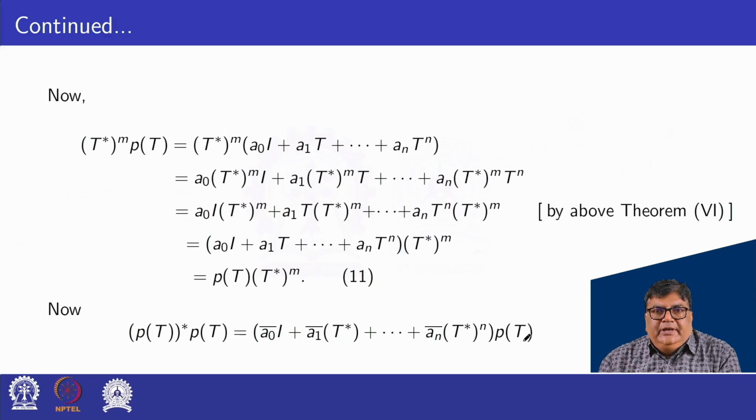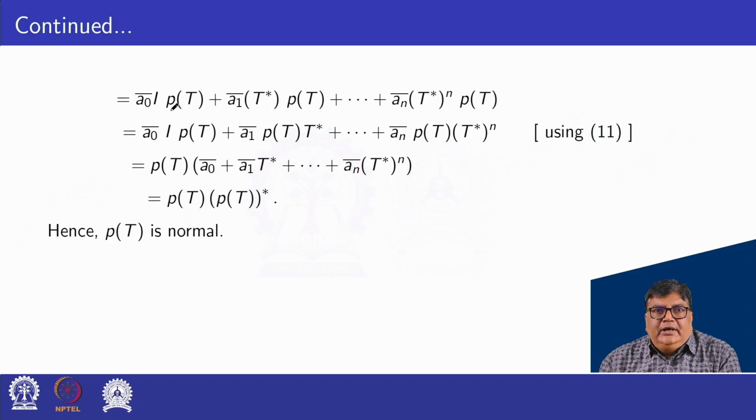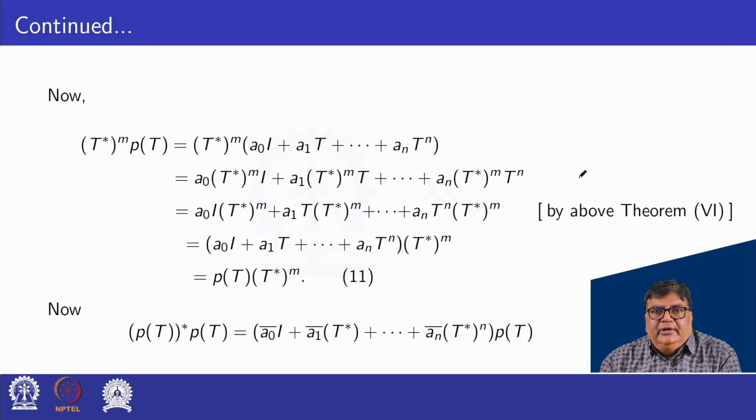So multiplying this and this, this can be written as a0 bar I P(T) plus a1 bar T star P(T) plus and so on an bar nth power of T star into P(T). So we have a0 bar I P(T) plus a1 bar P(T) T star plus and so on an bar P(T) into nth power of T star using equation 11.